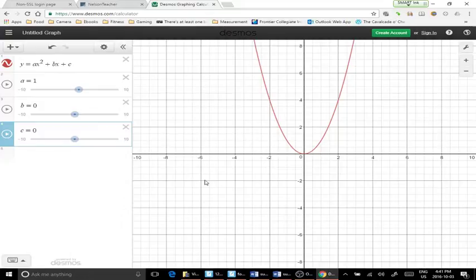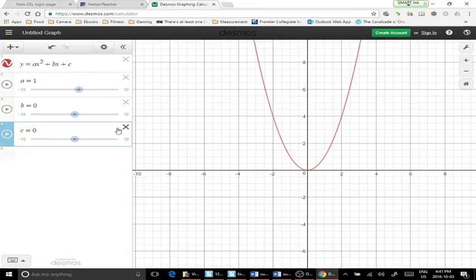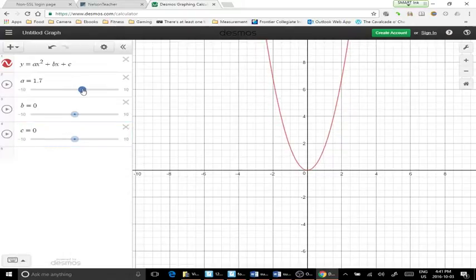I want you to look at what happens to the red quadratic as I make A bigger. So I'm going to make A bigger right now. As I make A bigger, what happens to the graph?